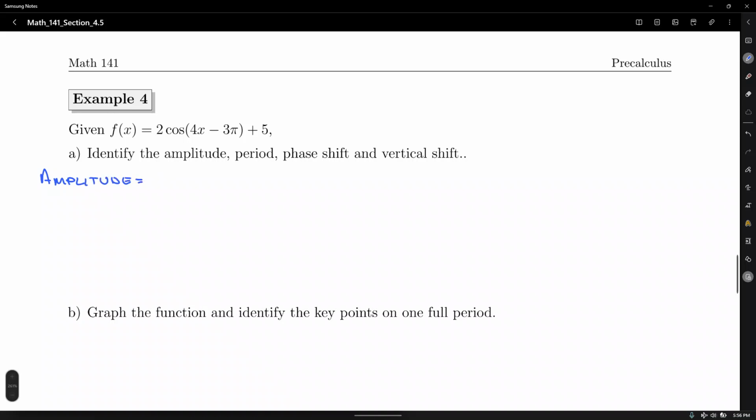which is the absolute value of A, which is the absolute value of 2, which is 2.